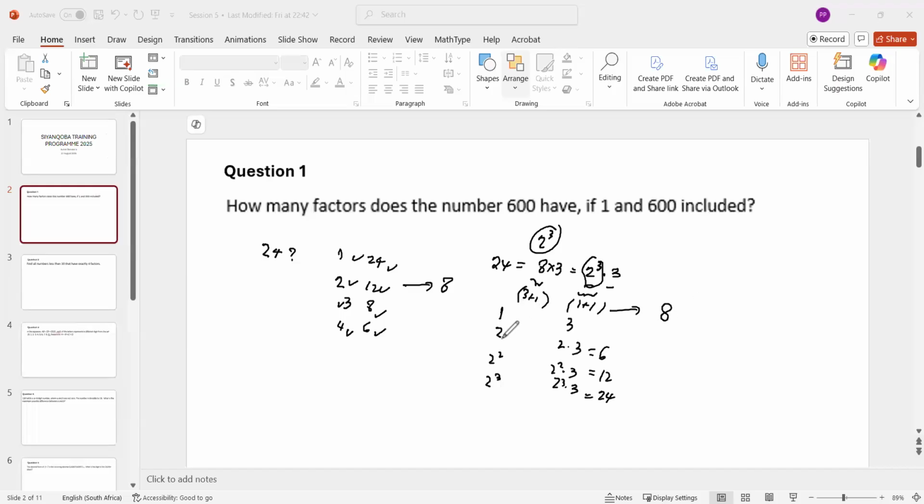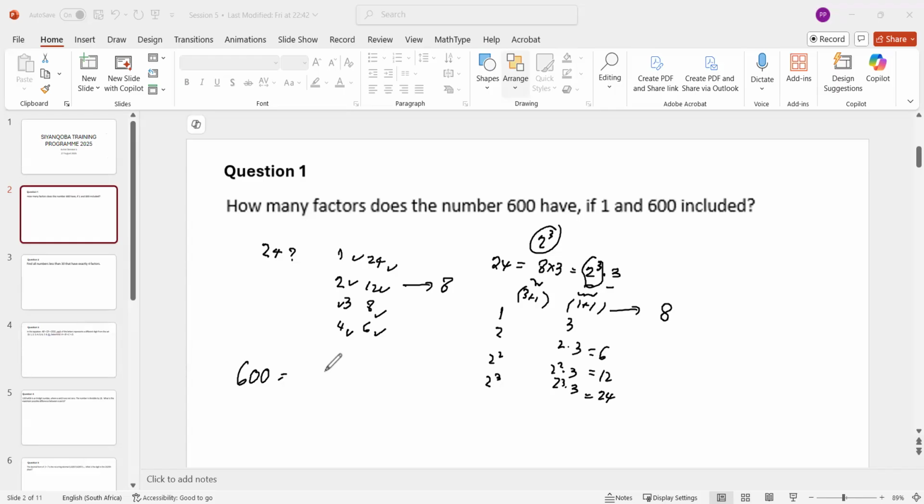So that is what we did. We found 4 factors, and for each of these 4 factors, we found that there is one other factor when you multiply it by 3. All right. And that gives you a general rule. The general rule being that when you are factorizing a number like 600, right? I'll tell you how to factorize 600 very quickly.